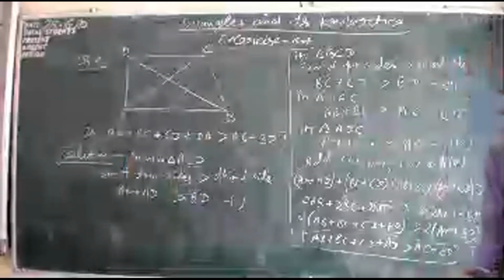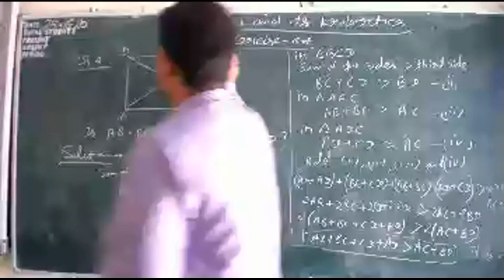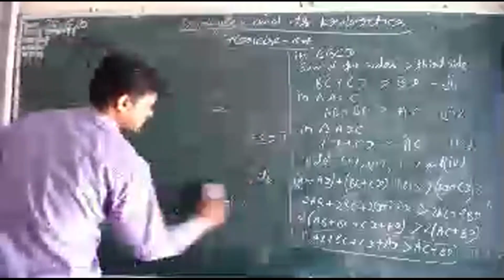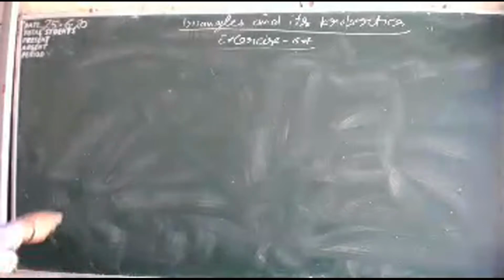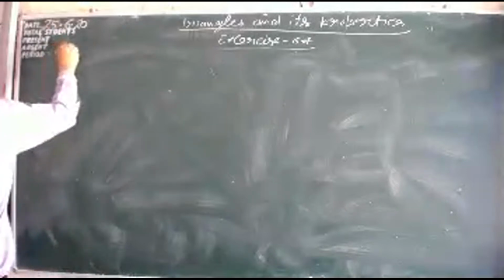Okay. Now we have to discuss question number 5 of exercise 6.4. ABCD is a quadrilateral. अब इसमें एक और स्टेटमेंट को प्रूव करना है. इसी तरीके से ABCD क्वाड्रिलेटरल डिस्कस किया. क्वेश्चन 5 में क्वाड्रिलेटरल ABCD, कोई भी एक क्वाड्रिलेटरल आप सपोज कर लीजिए.